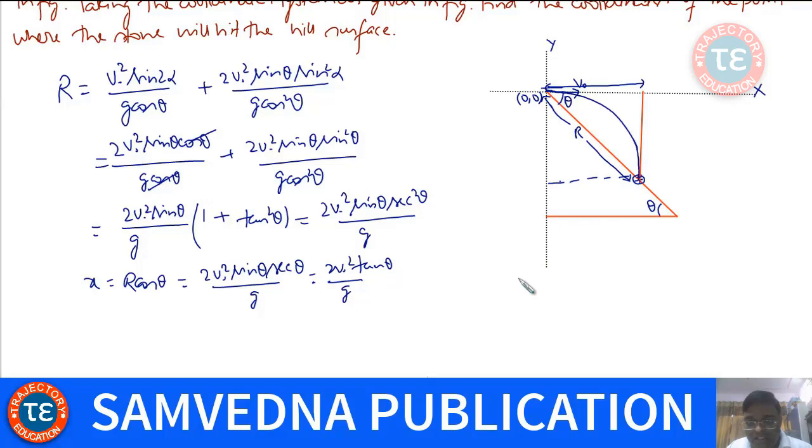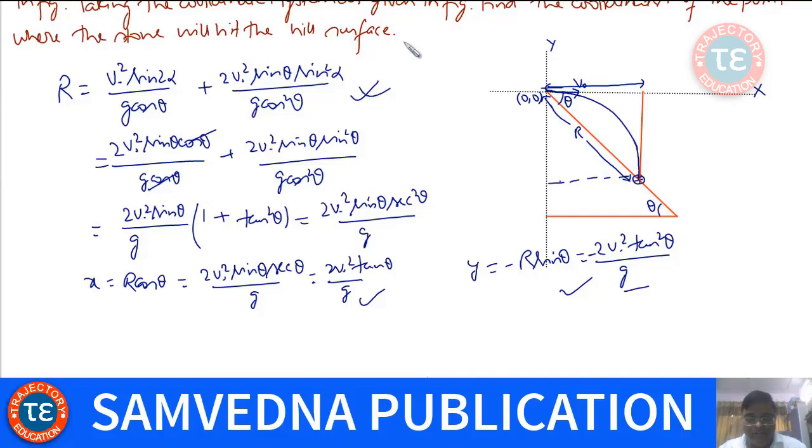And the y coordinate will be minus R sin theta, which is 2 v0 square sin square theta sec square theta, which will give you minus tan square theta upon g. That will be the x and y coordinate. Okay, so we can use this formula. Just remember this formula. Okay, thank you very much.